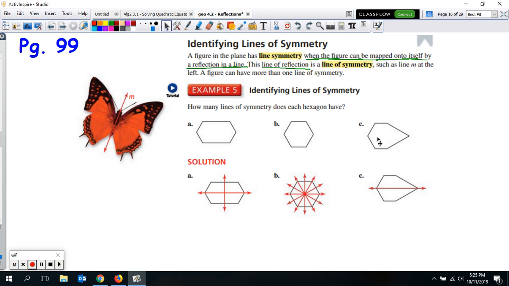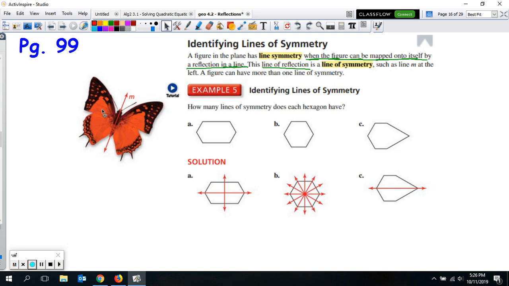So I have an example down here for A, B, and C. These are different shapes. And it basically asks how many lines of symmetry does each hexagon have. And first, you want to see, does it even have line symmetry? All of these have line symmetry. In fact, this butterfly right here has line symmetry because you can draw a line, this line M, right through the middle, and you can map this side onto itself.